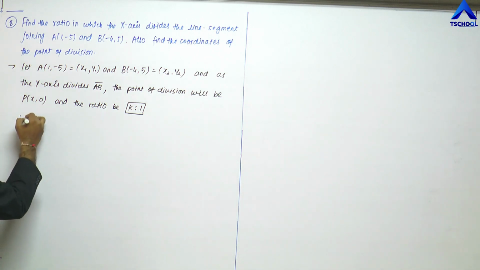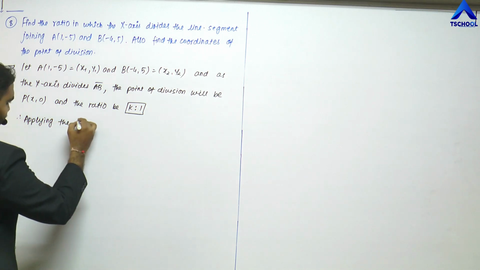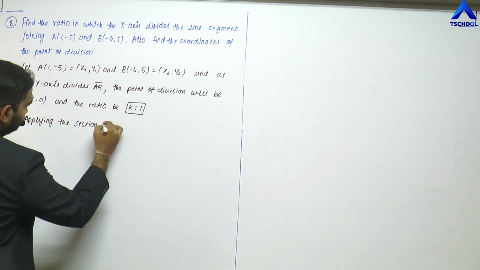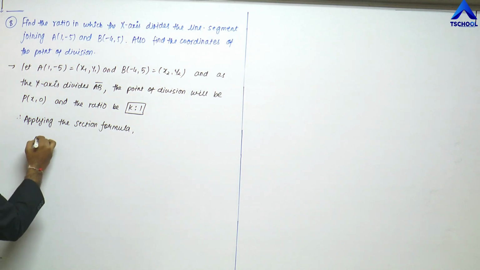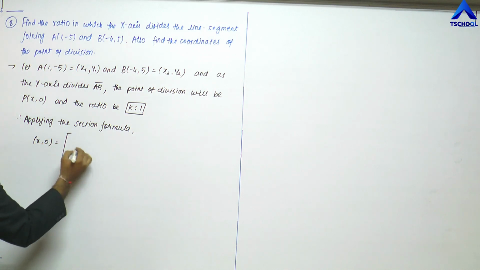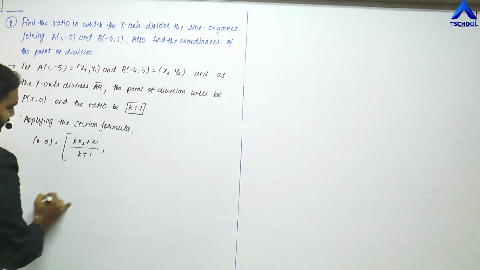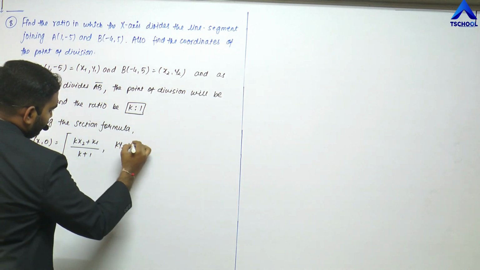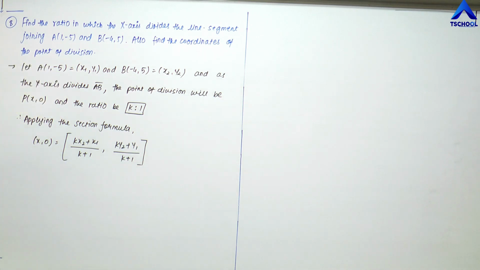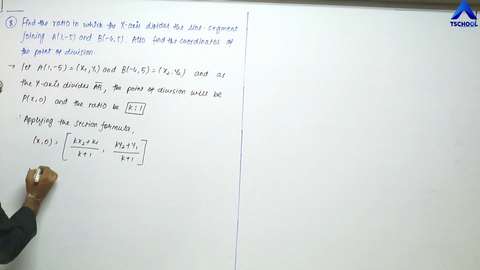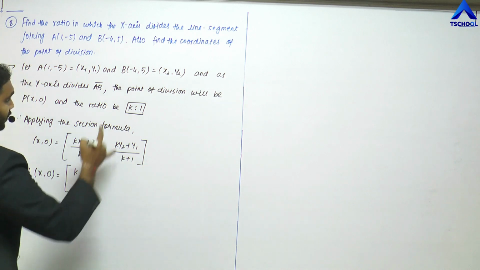Therefore, applying the section formula, we get x comma 0 is equal to kx2 plus x1 upon k plus 1 comma ky2 plus y1 upon k plus 1. Therefore x comma 0 is equal to k x2, what is x2?